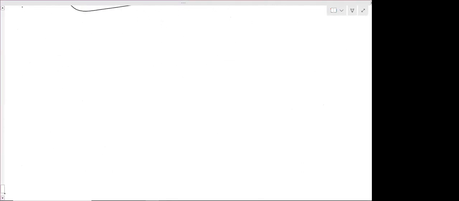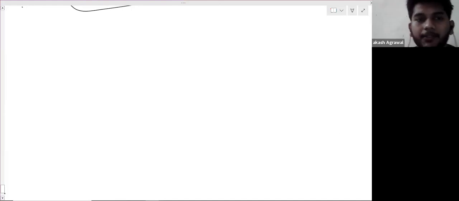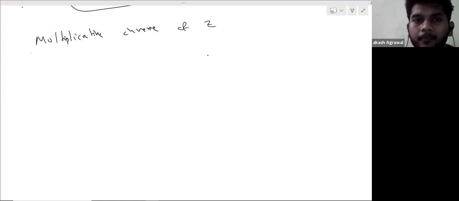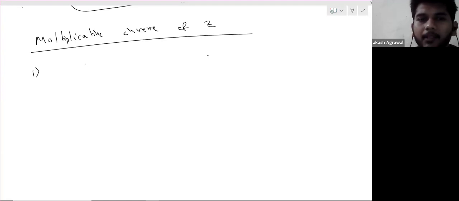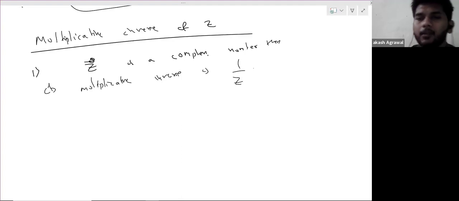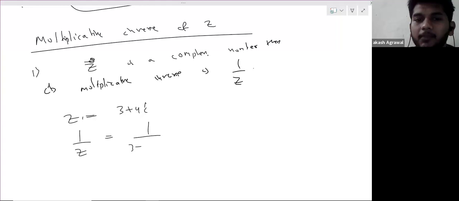There is one type of question that is called multiplicative inverse. Very simple. If z is a complex number, then its multiplicative inverse is 1 upon z. So if you have z equals 3 plus 4i, then the multiplicative inverse will be 1 upon z, which is 1 upon 3 plus 4i.